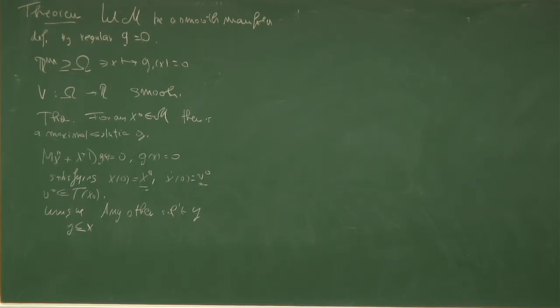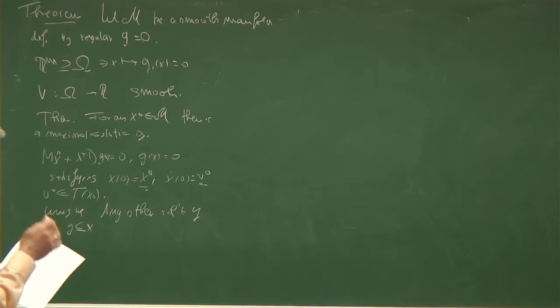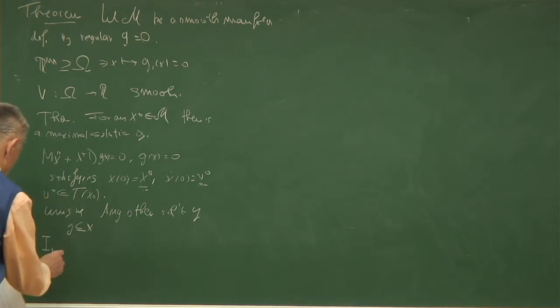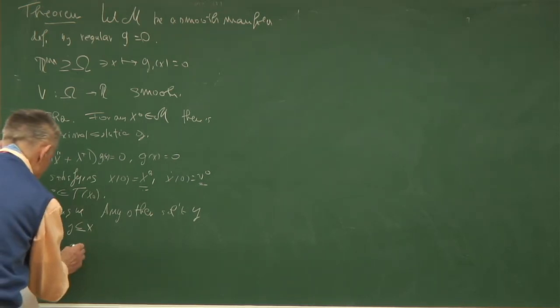The proof is in fact mimicking the main theorem we have proved already, with some modifications due to the fact that we are on the manifold. The definition interval, it's still the part of the statement. Definition interval I of x is open.